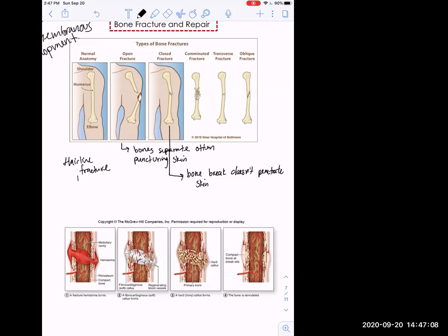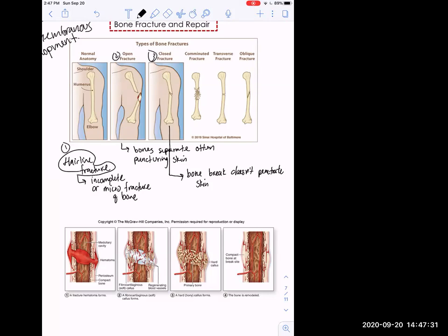A hairline fracture is an incomplete or micro fracture of bone. We use the term hairline fracture for that one. So you can have a hairline fracture, an open fracture, and a closed fracture.